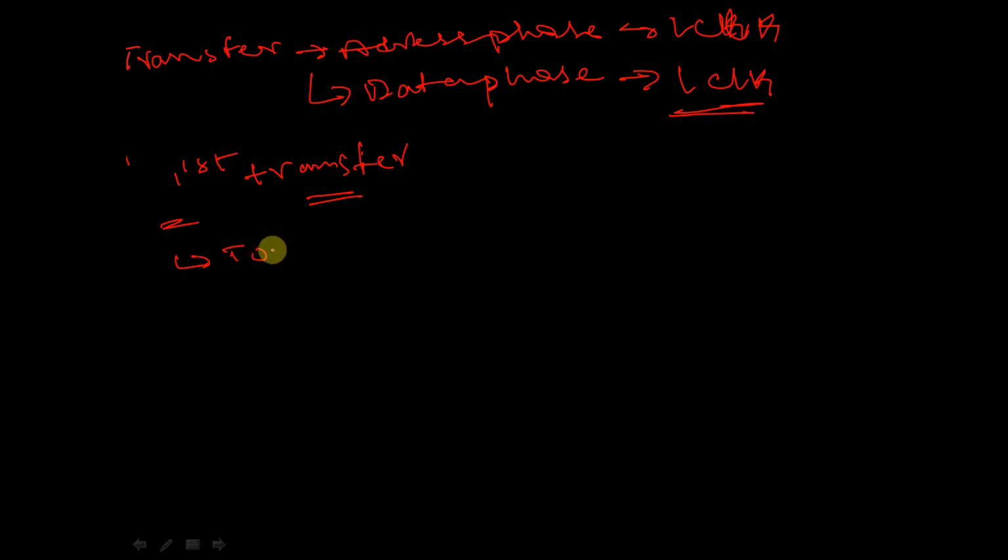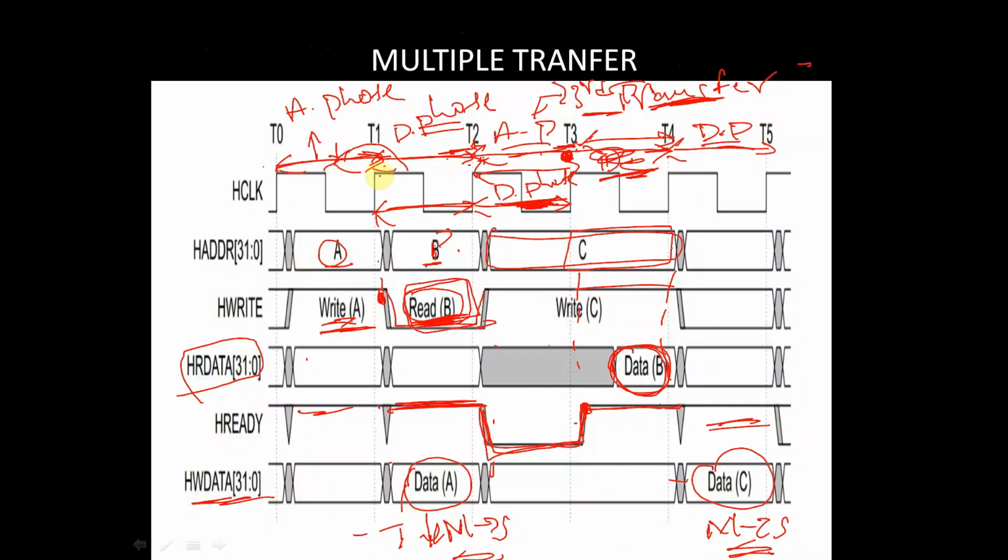T0 to T1 is the address phase, let's say address A, and T1 to T2 is the data phase.